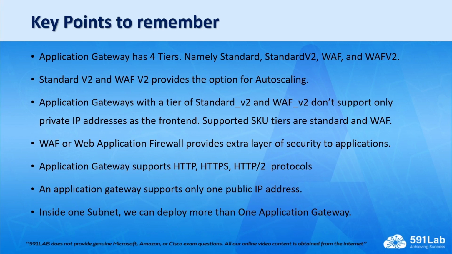So in that dedicated subnet, I can deploy more than one application gateway, depending on IP availability, but I cannot deploy any other resources like virtual machines, virtual machine scale sets, or any other Azure services or resources. So these are the key points to remember for the exam preparations.